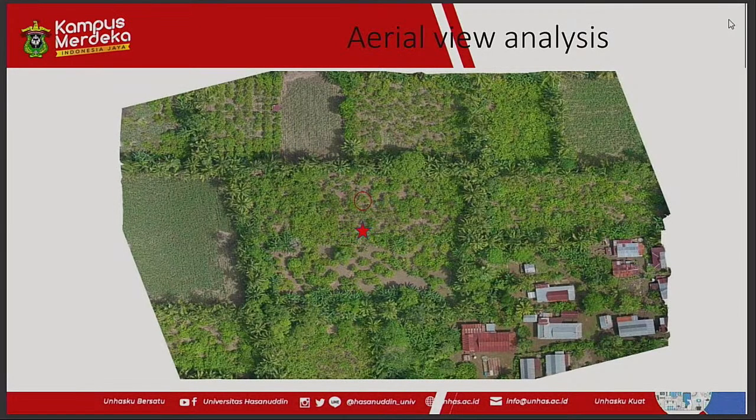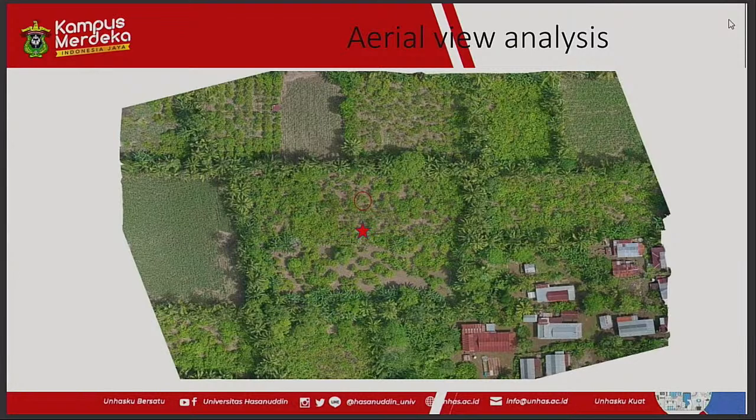This is data collection based on aerial view analysis. We use a drone to identify the trees we previously mentioned, marked right one. And looking from the top, there are many problems in between trees.